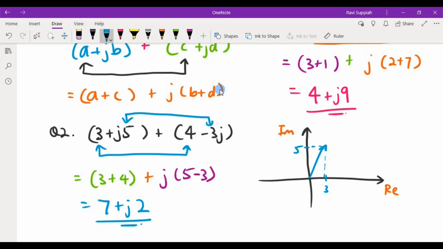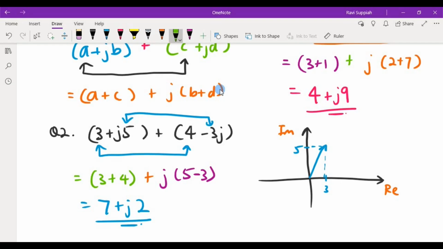Now the second complex number is 4 minus 3j. Since it is one complex number added with another complex number, this second number will be extended from where the first complex number left off. The first complex number ended at this point here.